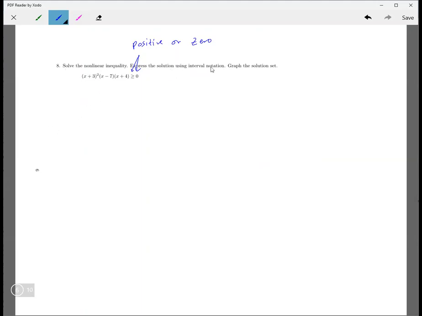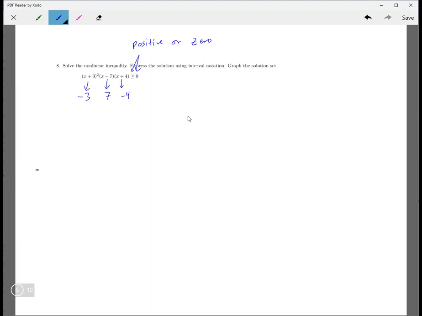But anyways, let's go ahead and look at this. You can see that if you find the zeros first, then that's -3, 7, and -4.